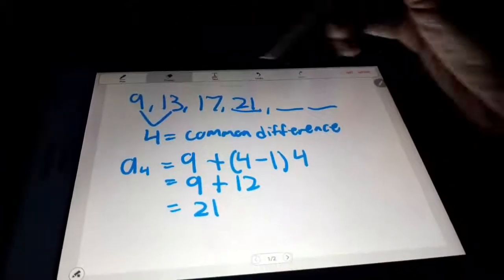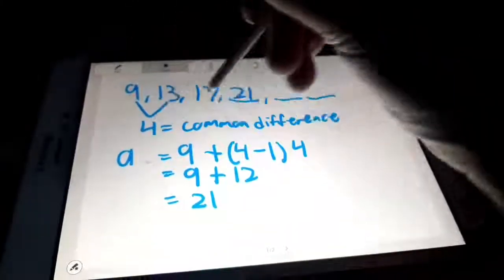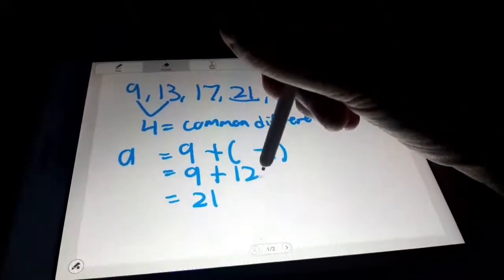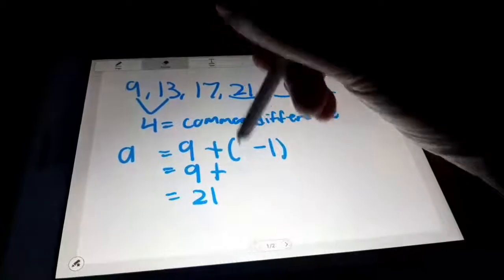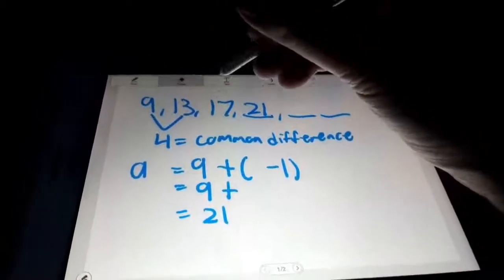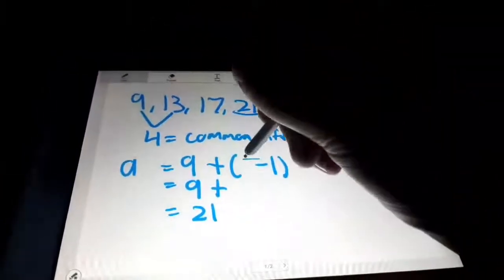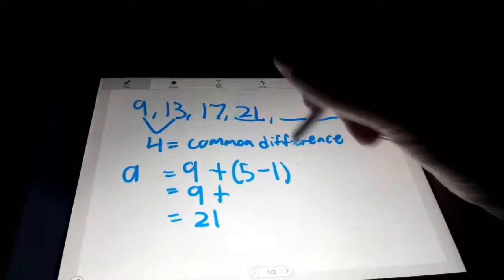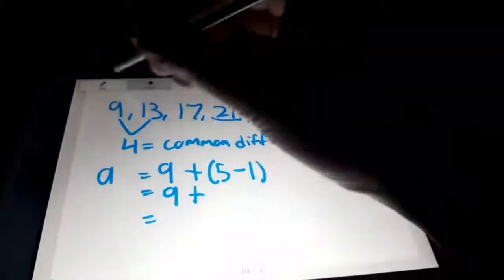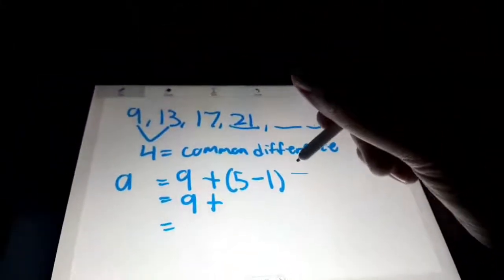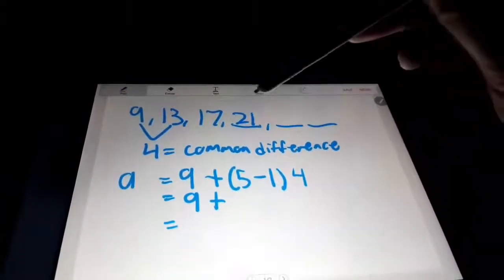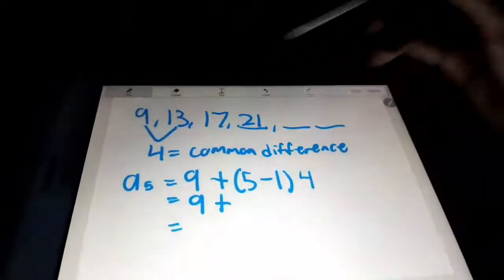Next naman po is the fifth term. So papalit na lang po yung number, maging 5 na yan. Again, don't forget to apply the PEMDAS. So, instead of 4, we place into 5.